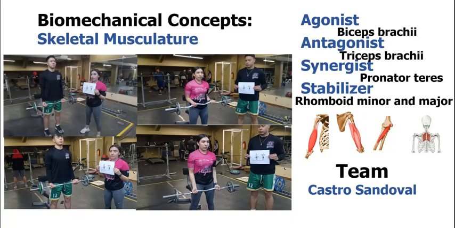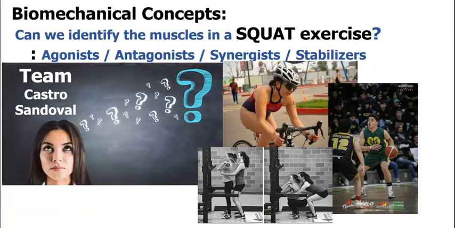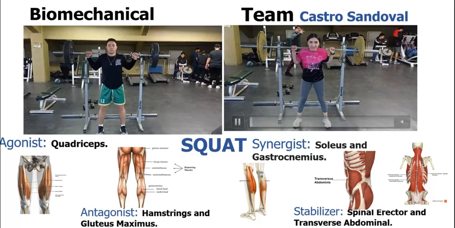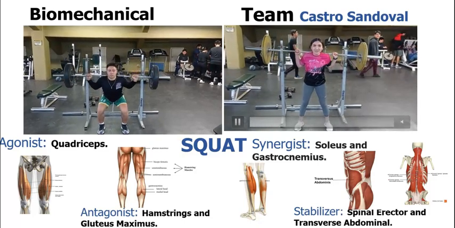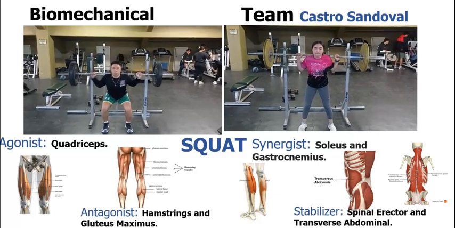So let's check another example here. We can identify muscle action classification, agonists, antagonists, synergists, stabilizers, in different exercises. We're going to put another exercise that is very typical. This is the squat. The agonists are the quadriceps and the gluteus muscles.